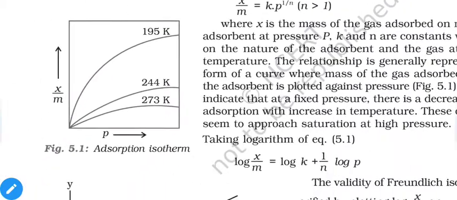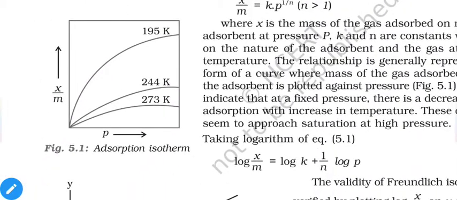On the surface of the solid, x gas will be adsorbed. Now, at variable pressure, with increasing pressure, we can see different types of curves at different temperatures. Let us assume we carry out the practical at 273 Kelvin. As you can see, as we increase the pressure, more and more gas will be adsorbed on the surface of the solid.